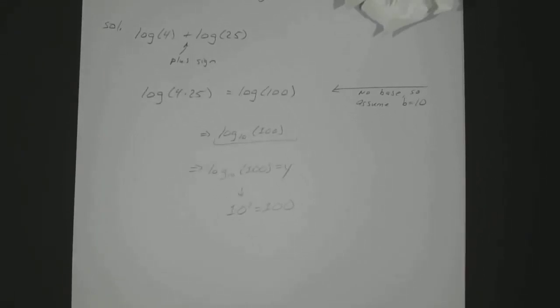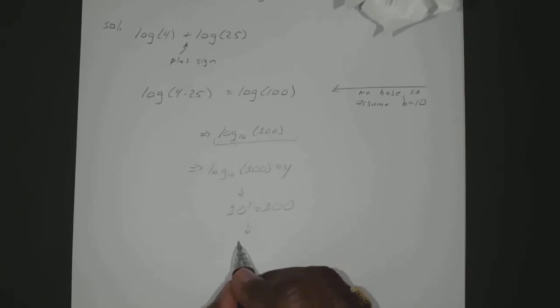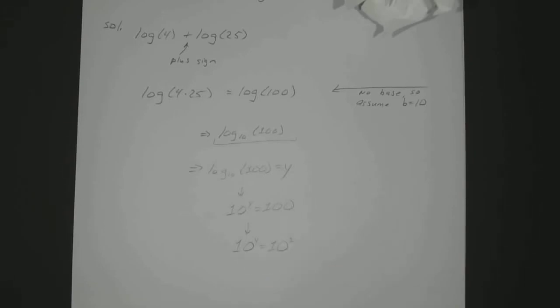Now we know 100 is just 10 squared. So that's 10 to the power of y equals 10 squared. Our bases are the same, so that means our exponents have to be equal. So we have y equals 2.